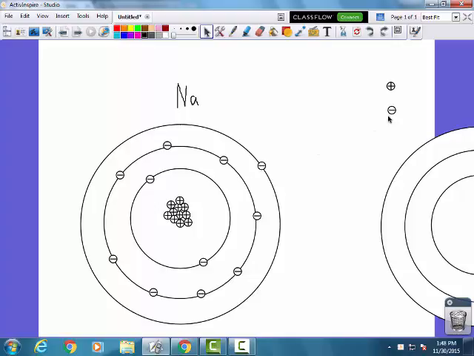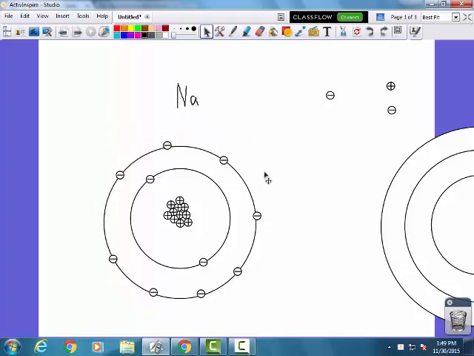The first way is it could take on 7 more electrons. If sodium could attract 7 more electrons, it would have a full outer shell. Another way is to get rid of this 1. If it could get rid of that 1 electron, it would be left with a full outer shell. That actually creates a more stable atom.